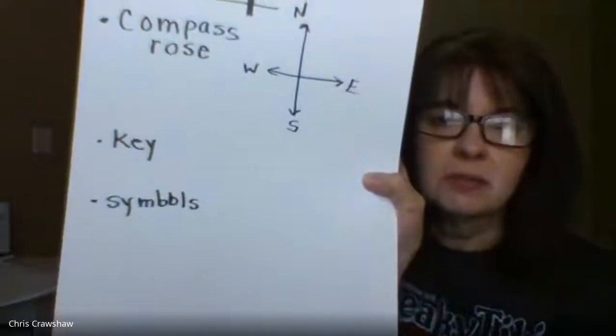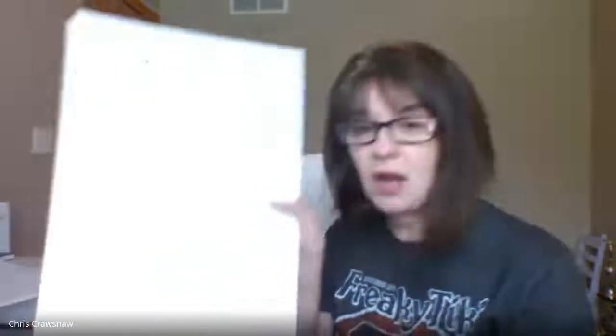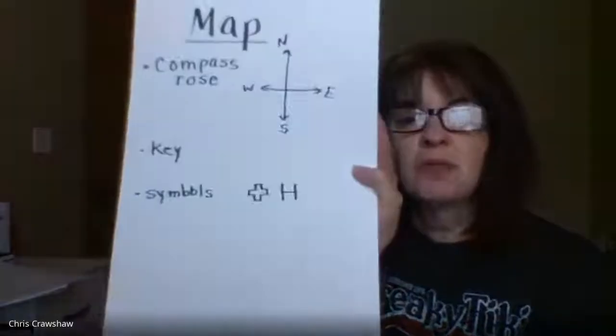And in that key, they also have some symbols usually. I'm going to write the word symbols on here. Symbols. And the symbols might tell things like where there is a hospital. Usually there's a cross to show a hospital, or sometimes an H too. That's another way to show it for hospital.